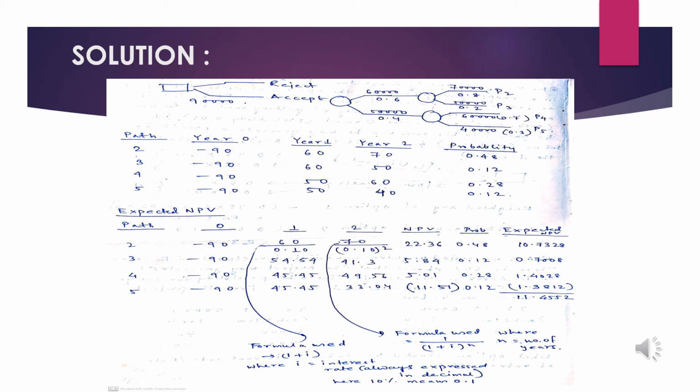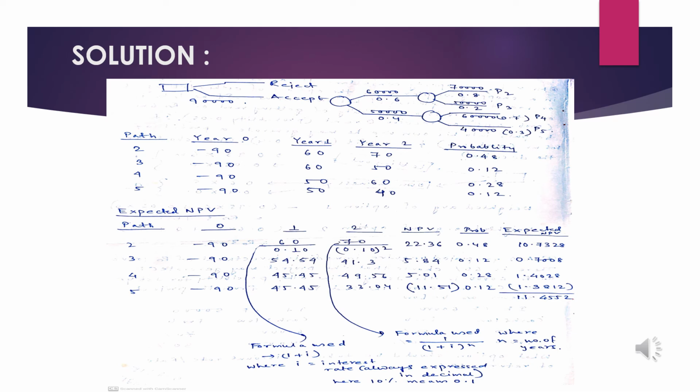the entire project has an NPV of positive 11.455. So if the organization accepts the project, that should give at the end of the second year a profit of 11,455 to the organization.